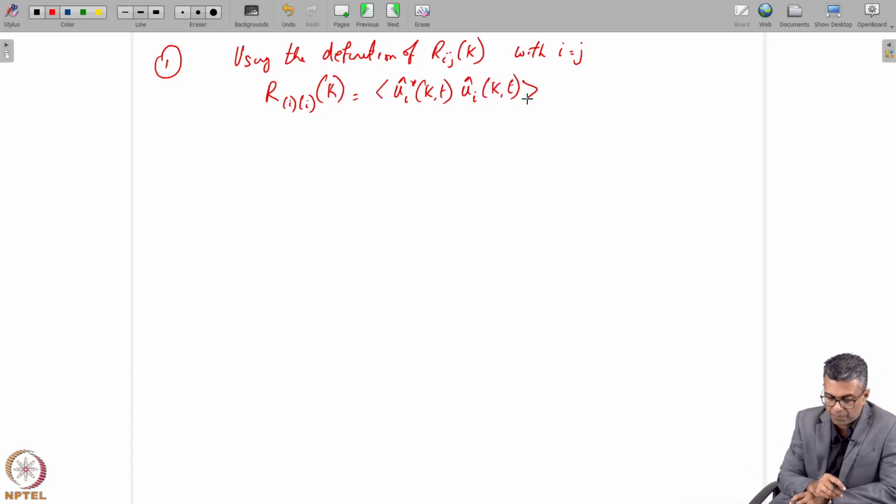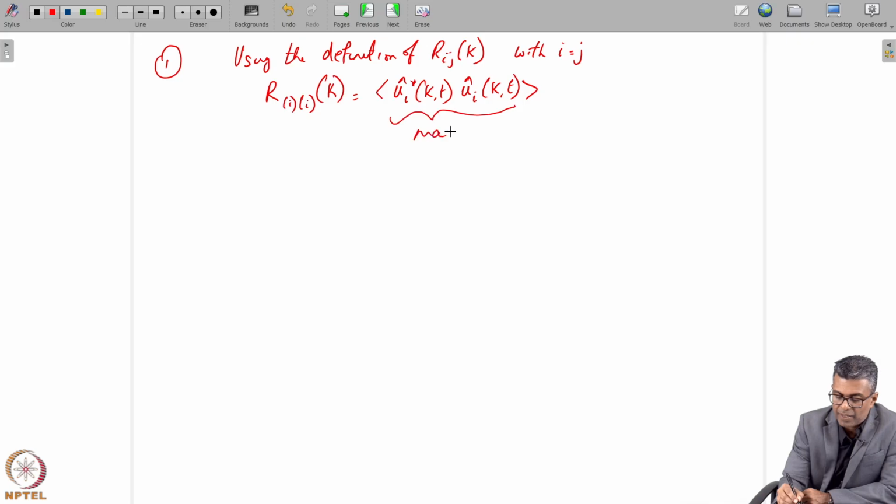Think about this. This is ui star, as in conjugate, times itself. So a complex variable times its conjugate is going to give you its magnitude, which is going to be greater than or equal to 0. This right here is the magnitude.